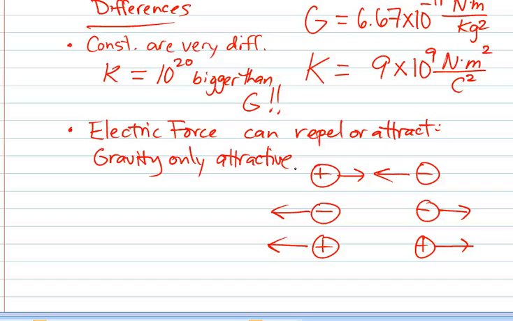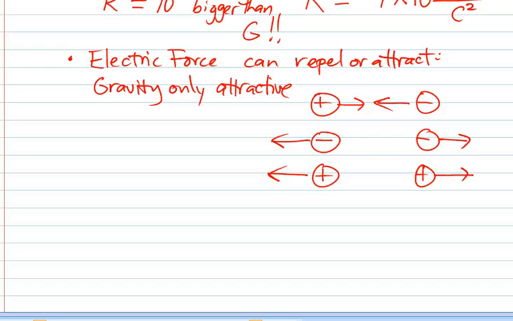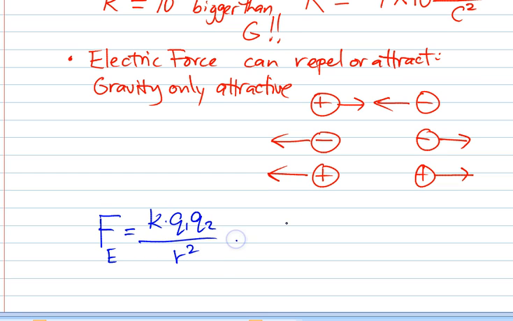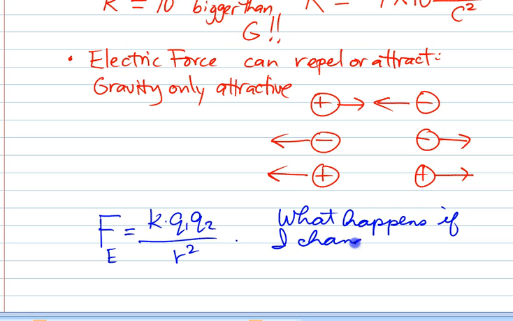Alright, so this is another one of those forces where you have to be able to think about, well, what happens if I change something? Since the electric force is K Q1 Q2 over r squared, what happens if I change Q1, Q2, or r?